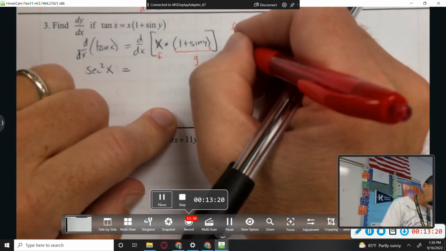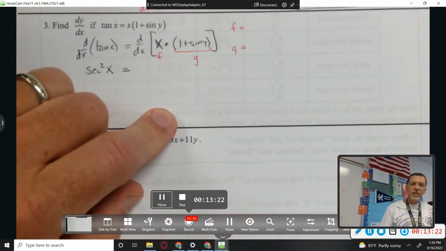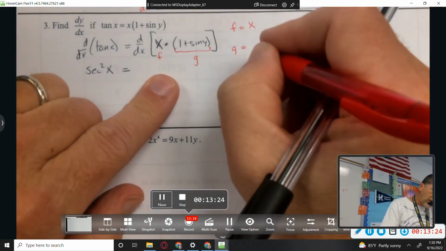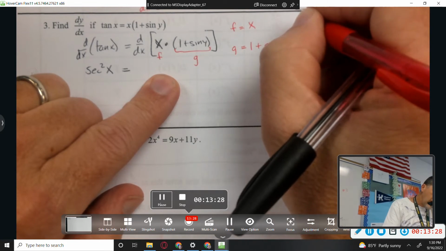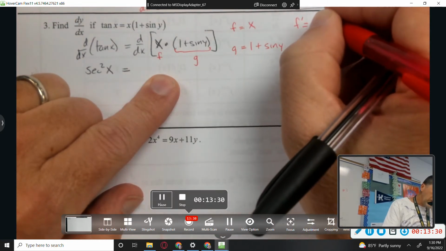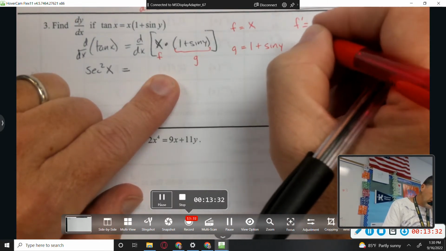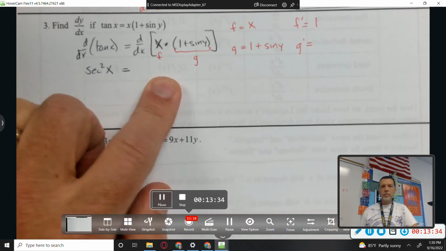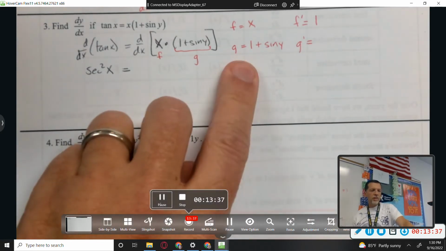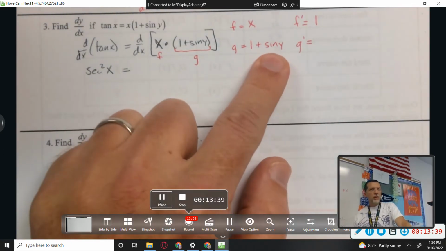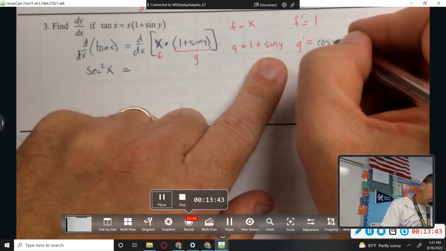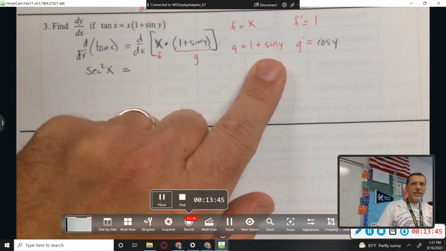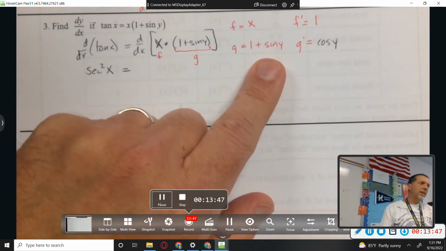But since this is the first one with implicit, f is equal to x, g is equal to 1 plus sine of y, f prime would be 1, g prime, derivative of 1 is 0, cosine of what? Dy dx. Anytime y shows up, dy dx is going to show up.